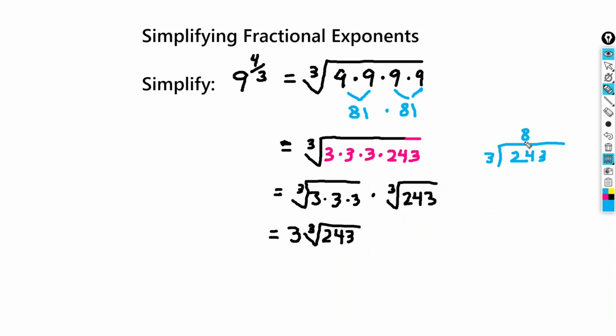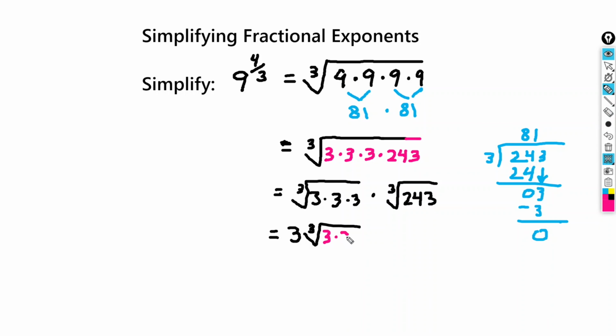Well, that's going to be 3 goes into 24 8 times evenly. 24 minus 24 is 0. Bring down the 3. 3 goes into 3 once. So we're left with remainder 0. So let's simplify this a little further. So this is going to be now 3 times 81 right here.